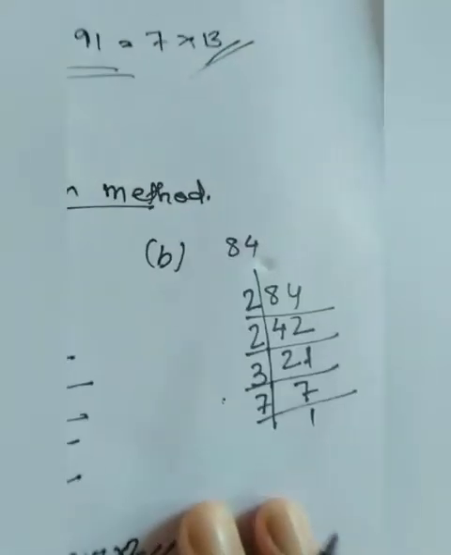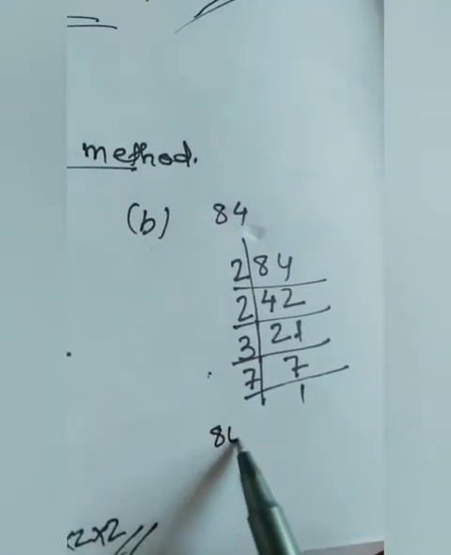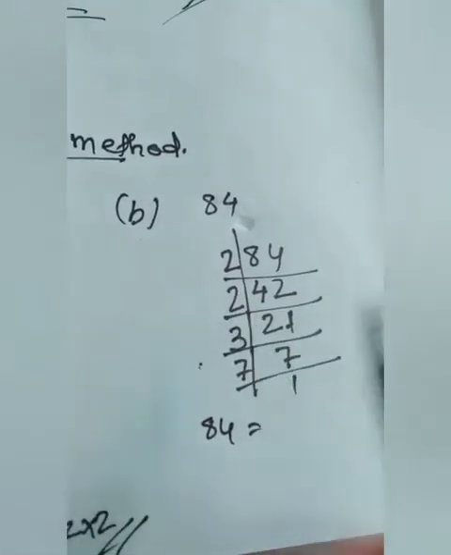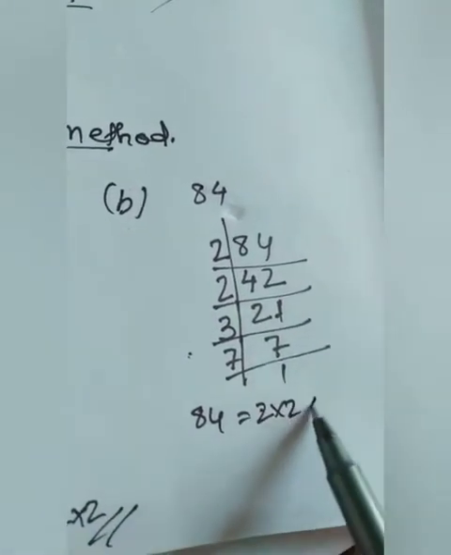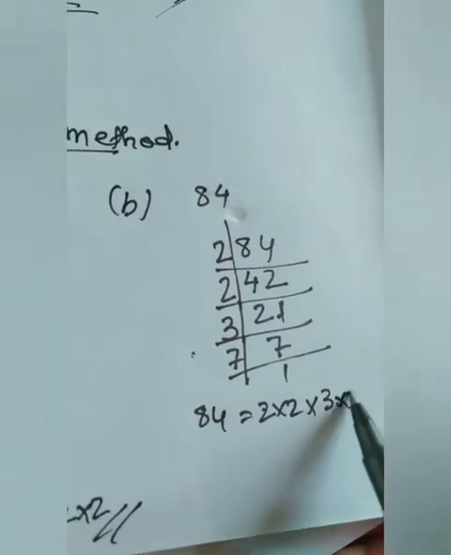So thus the factors of 84 will be 2 into 2 into 3 into 7.